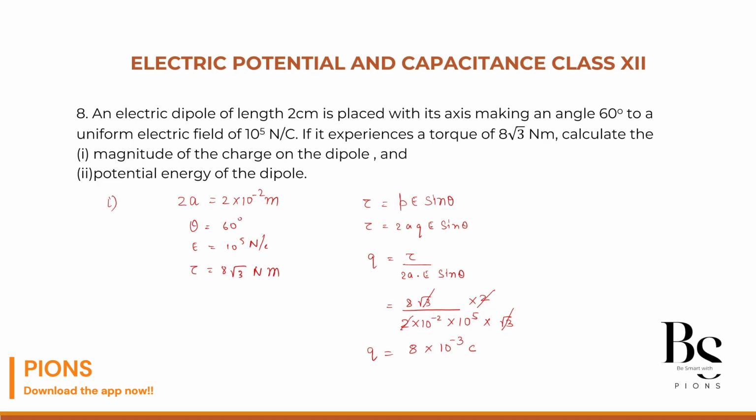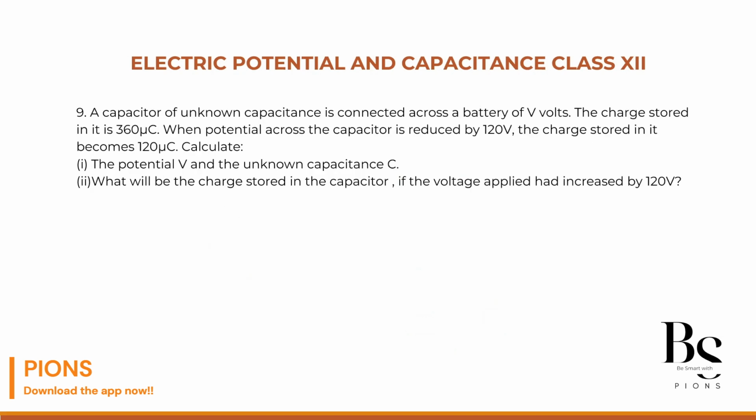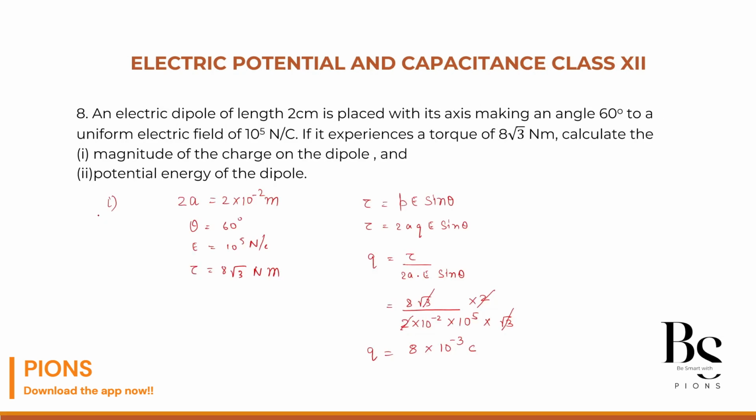Second one, they are saying find the potential energy. So one second, potential energy, let's do it here. So potential energy is U, which is minus PE cos theta. This will be minus 2aq electric field into cos of angle theta. What is 2a? 2a is 2 into 10 to the power minus 2. Charge, just now we found 8 into 10 to the power minus 3.